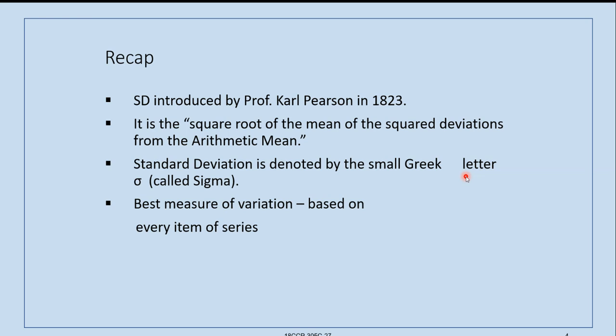Because here we have seen in individual observations that every value of x is taken and we are calculating the arithmetic mean, and then we are taking the deviations from the series, that is x minus x bar or x minus a, from every value of the series, and then we are taking the x square, and then we are adding all the deviations.